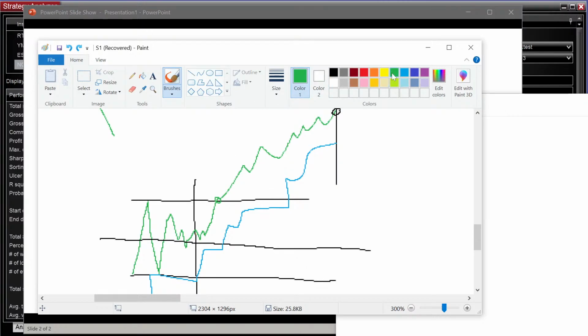That tells us, because since we used the midline and it gave us worse results, that more often than not, when this pattern occurs, price will come down, break beneath the midline, and keep on going. And that's why we got worse results whenever we used the midline.